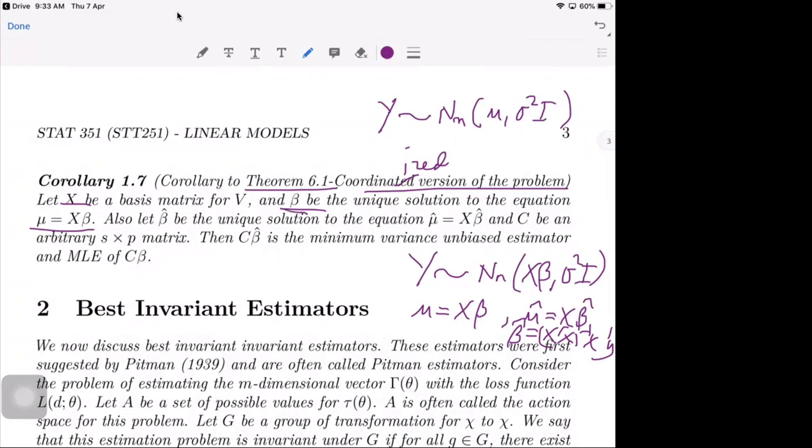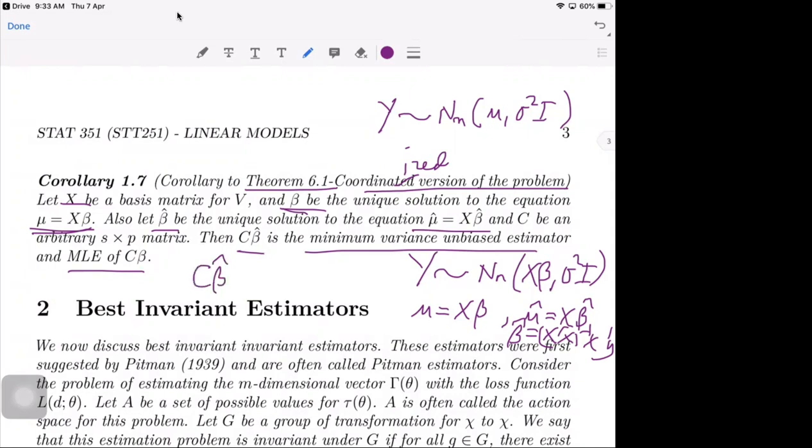So if beta is the unique solution for the equation mu is equal to X beta, and we let beta hat be the unique solution of mu hat equal to X beta hat, and C be an arbitrary s by p matrix, then C beta hat is MVUE. And it is also MLE for C beta.